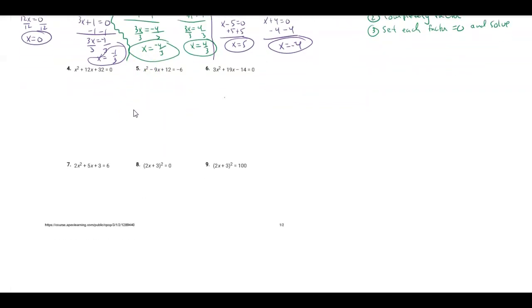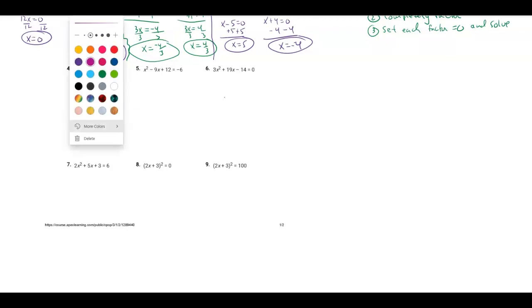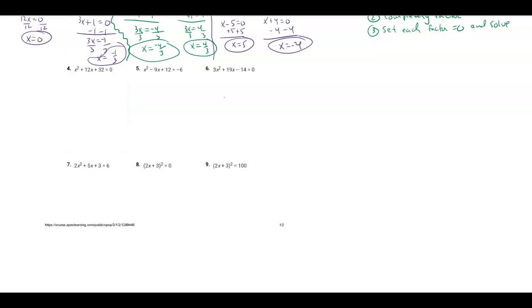For example 4, if I look, there's no GCF here, okay? So no GCF, so we have to find the numbers that multiply to give us 32 and add up to 12. All right. So when I look at this, that would be 8 and 4.